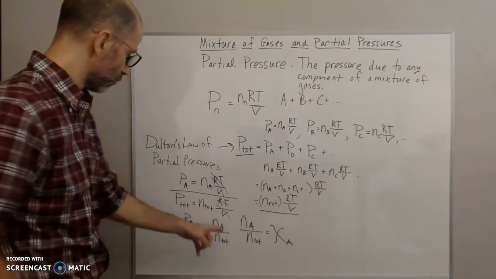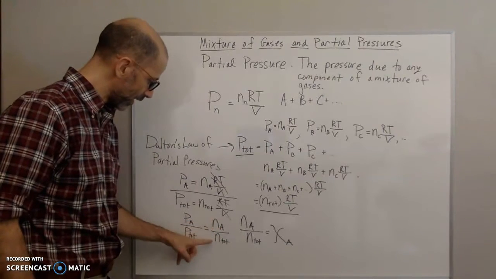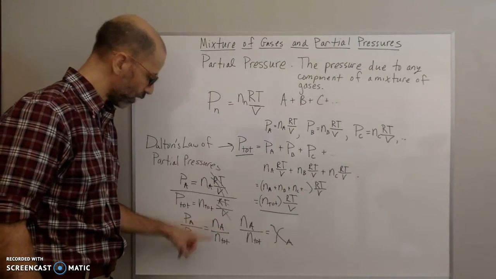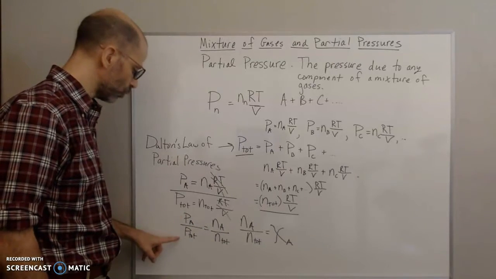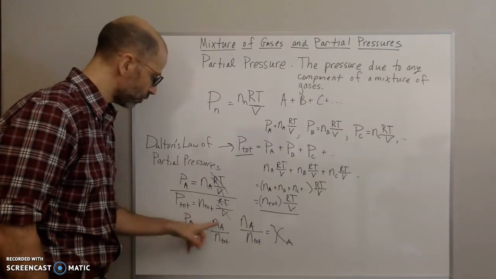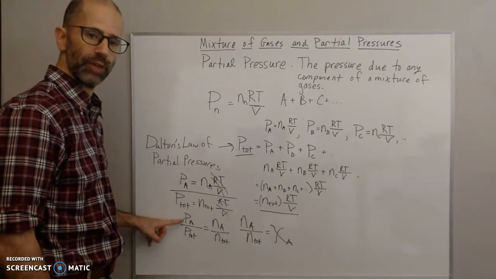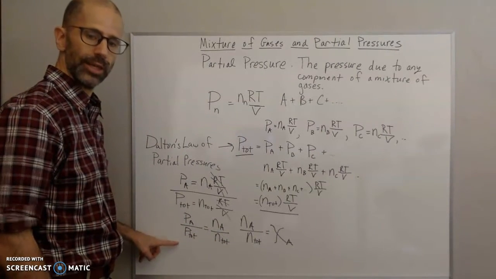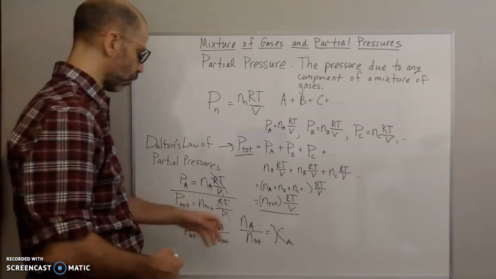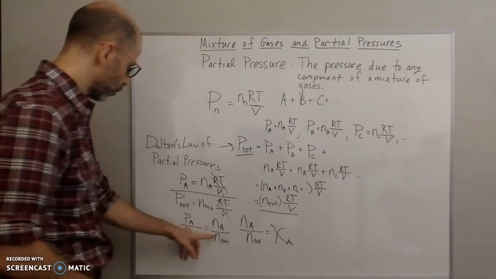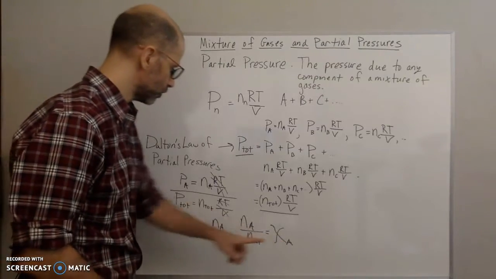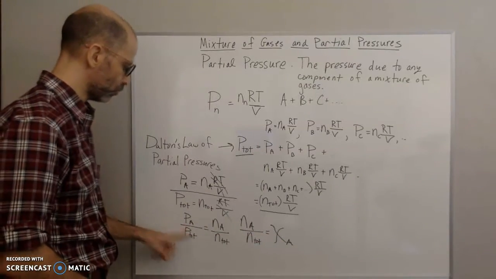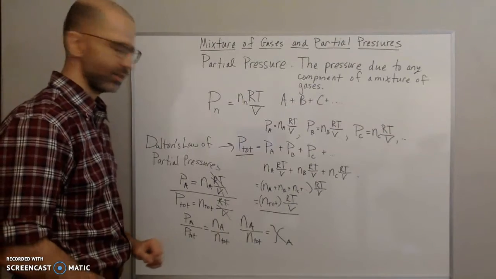And the thing is, if the number of moles of A over the total moles is equal to the pressure of A over the total pressure, and this is the mole fraction, then the pressure of A over total pressure is also equal to the mole fraction, right? So both of these are equal to each other. This one is equal to the mole fraction, so therefore this one is also equal to the mole fraction.